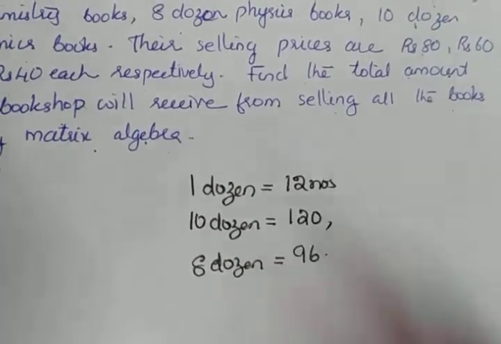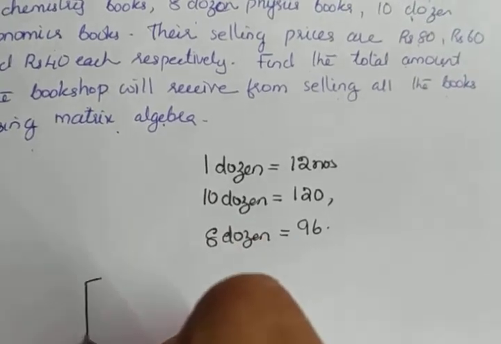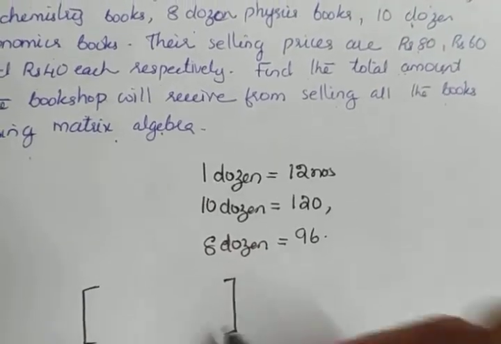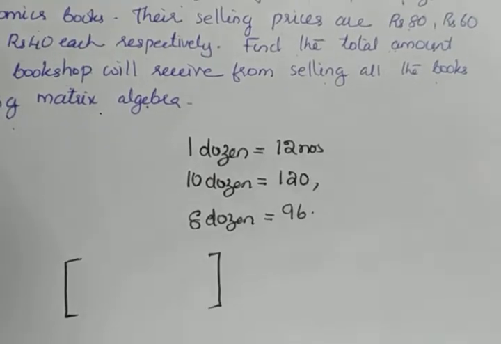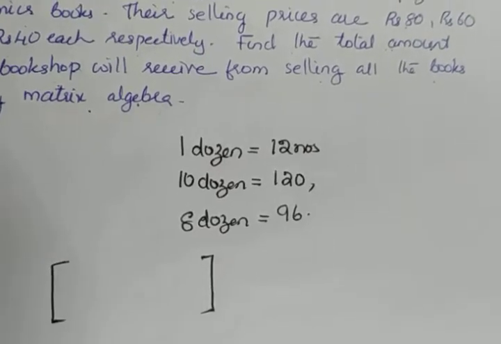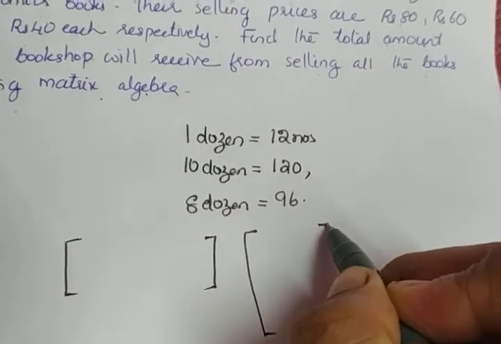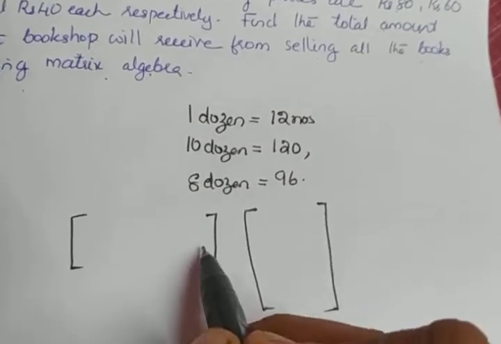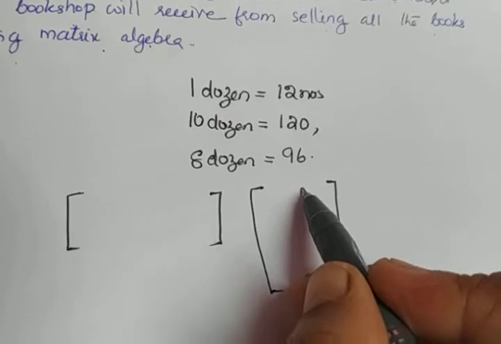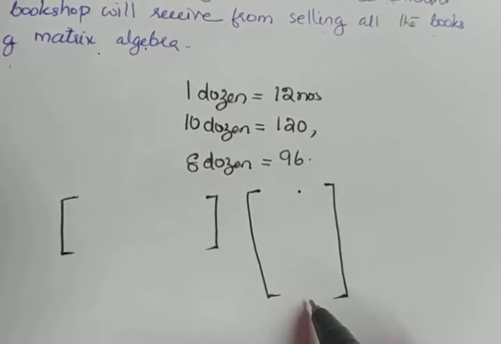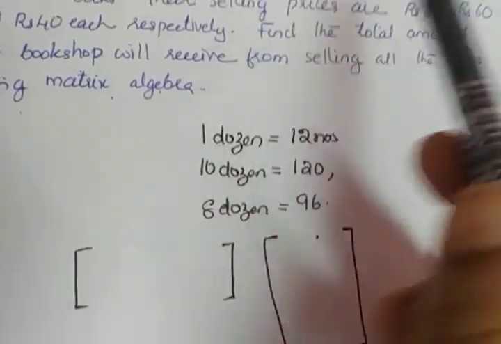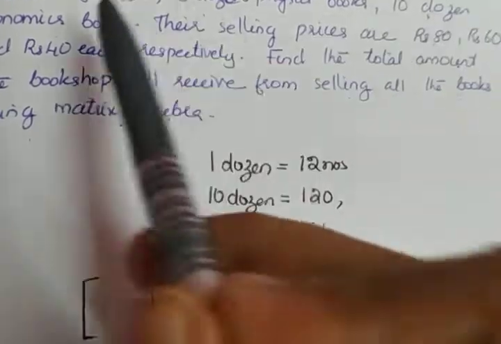So we will take the number of books as a row matrix and the amount of each book in the column matrix. The first one we will take in order is the chemistry books.